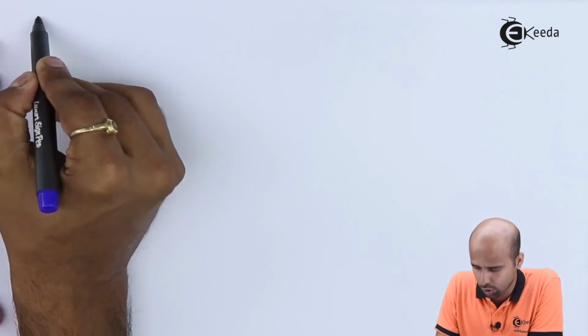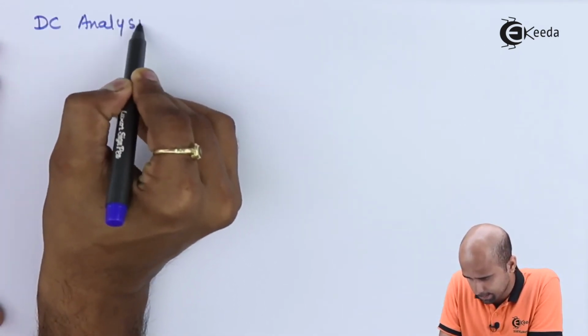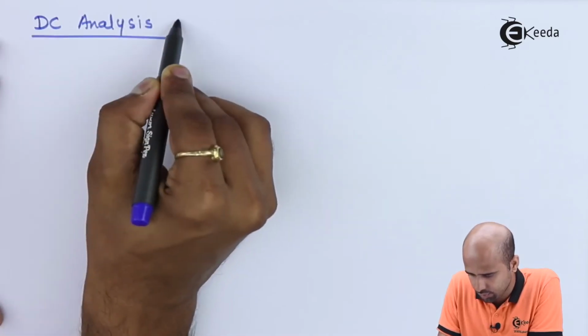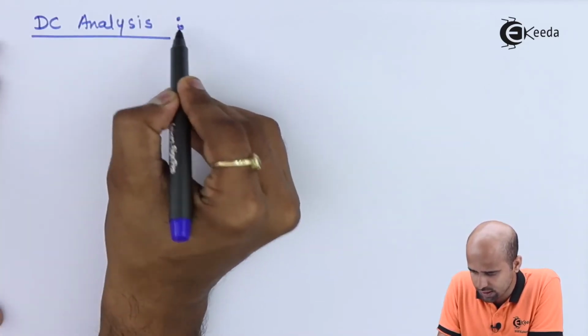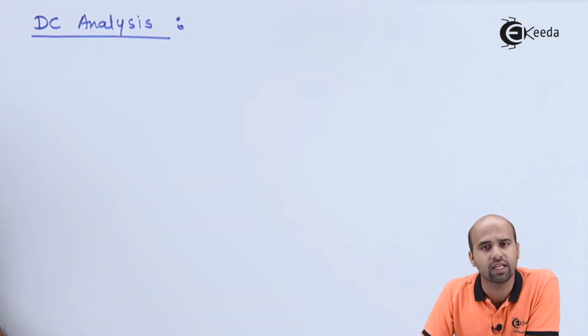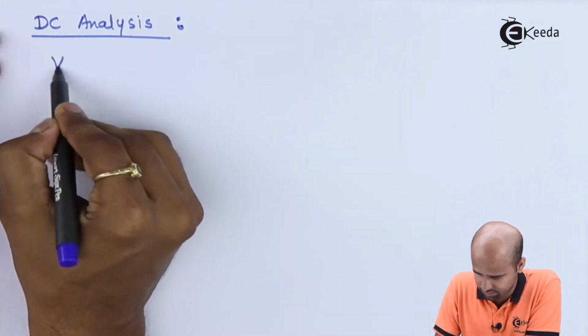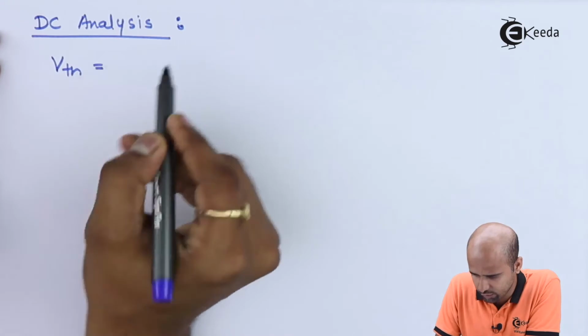First of all, we'll follow DC analysis. Everything is known to us about DC analysis. We'll just open all the capacitances and then find Thevenin's equivalent resistance and Thevenin's equivalent voltage. We'll directly calculate the value of VTH.